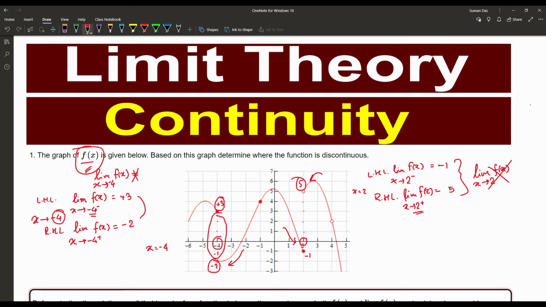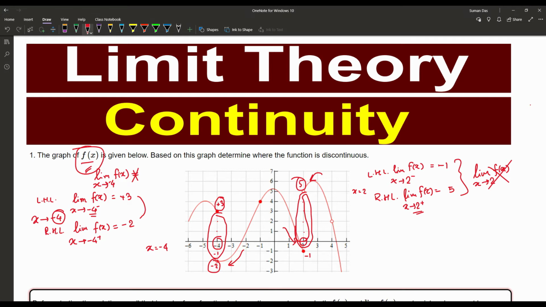The function is discontinuous, that means not continuous, at the point x equal to 2. According to the diagram, we can also see that there is a break in the graph.